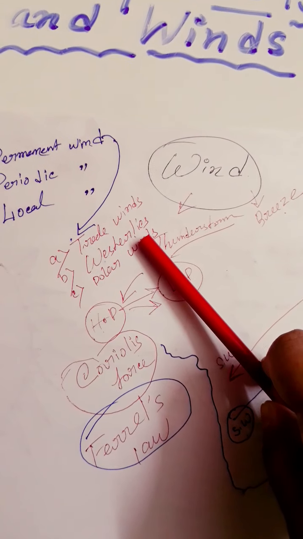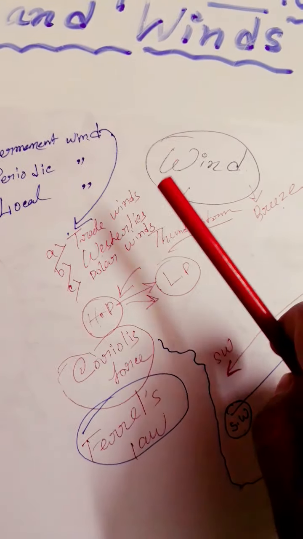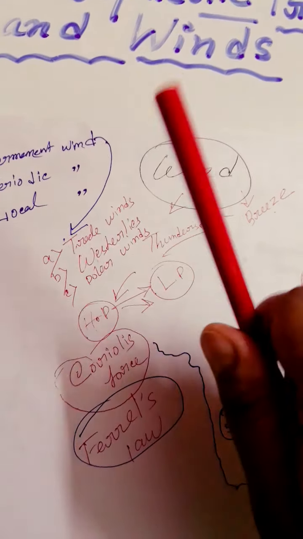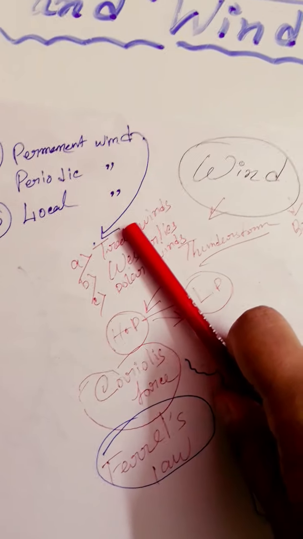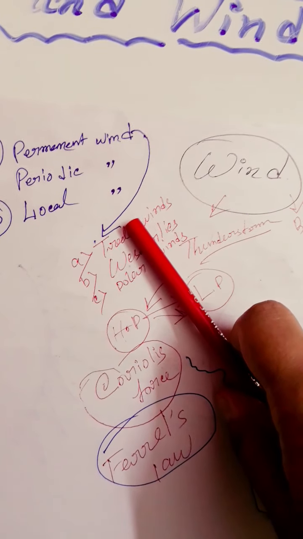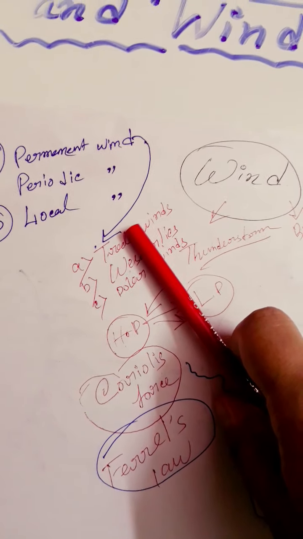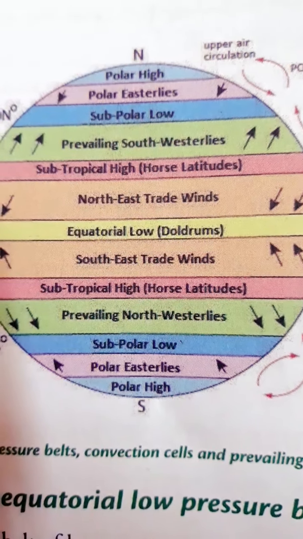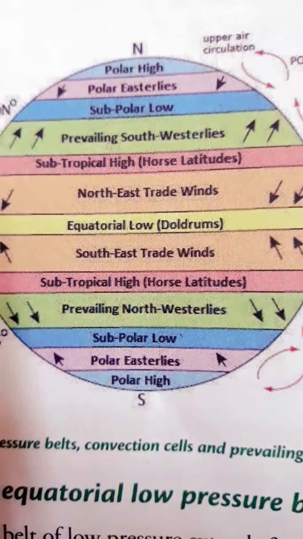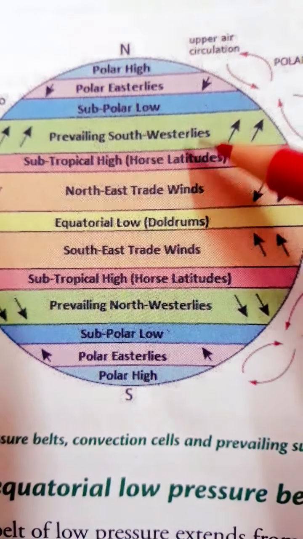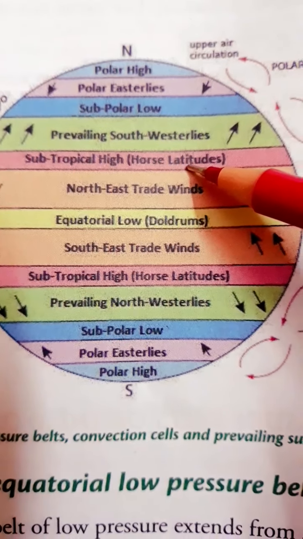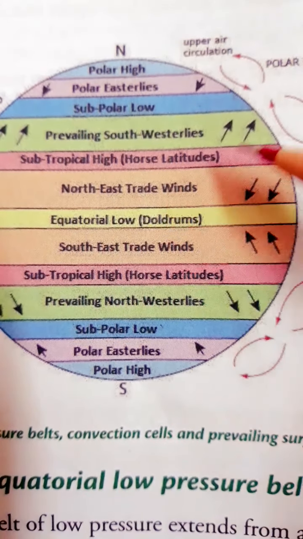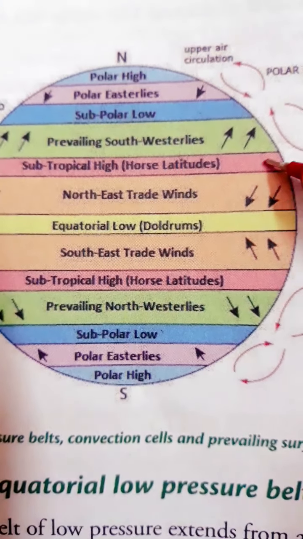The trade winds blow from the subtropical high pressure belt to the equatorial low pressure belt. Before reading this, you also have to look into that diagram, the different types of pressure belts and winds. Look at this arrow.